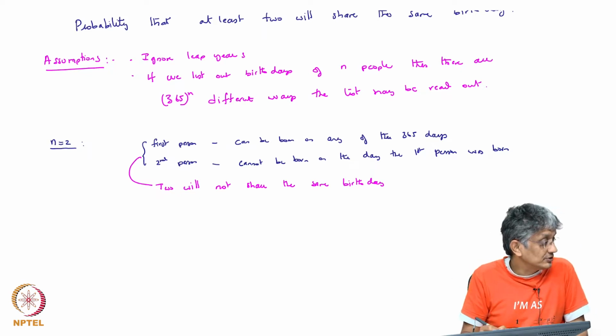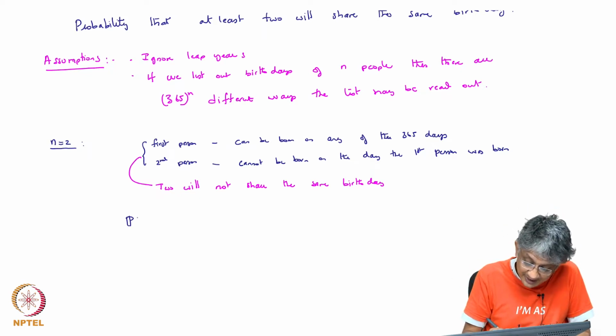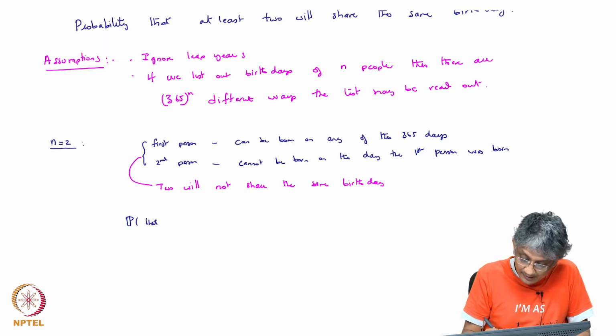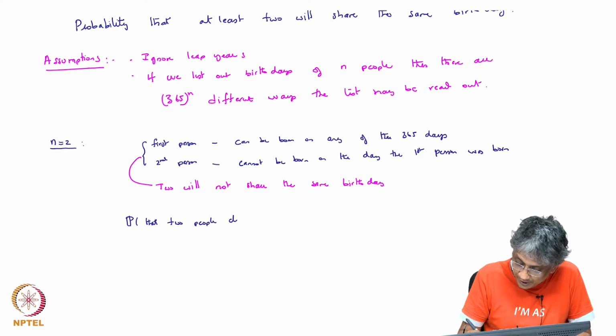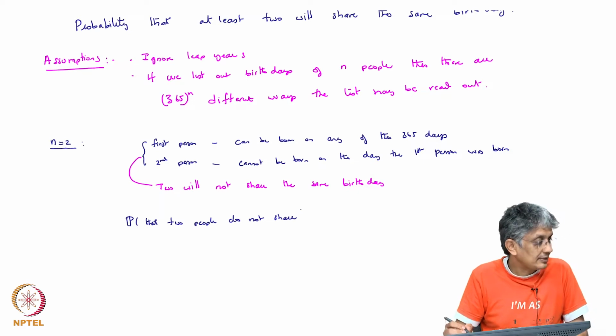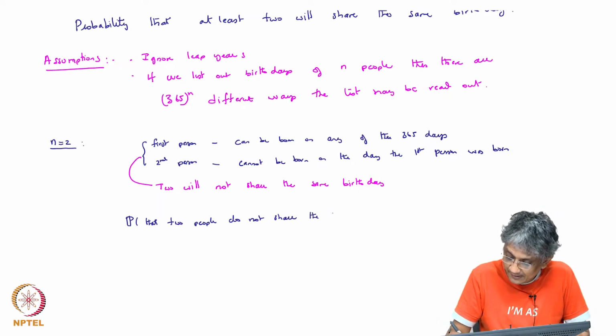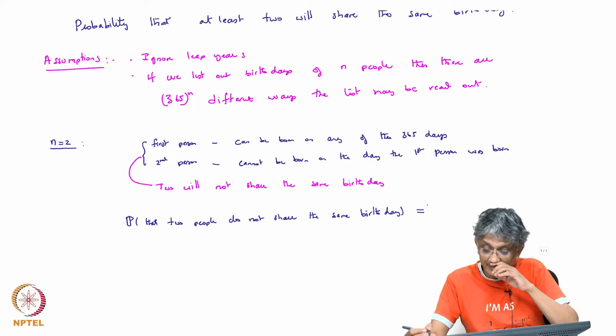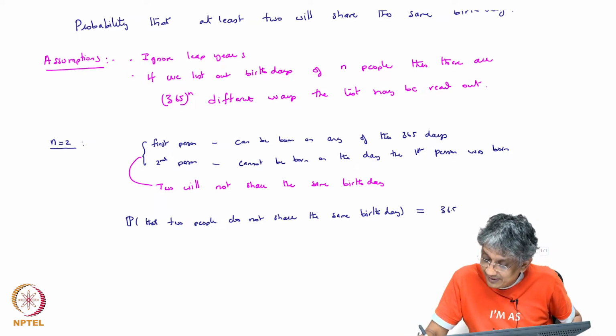So this is quite easy to do. The probability that the two people do not share the same birthday: the first person can be born on any day, so this is 365 by 365.